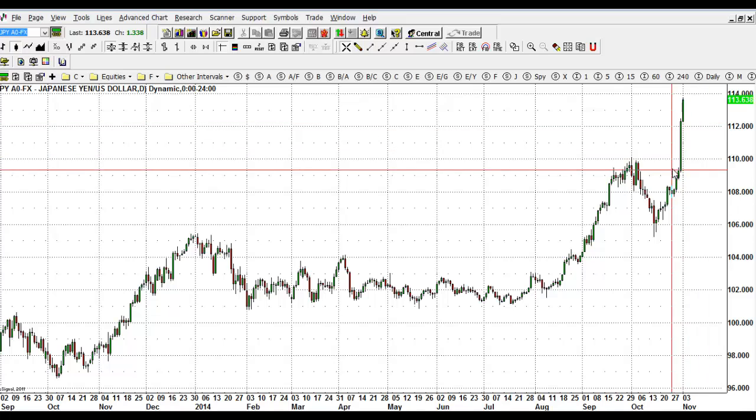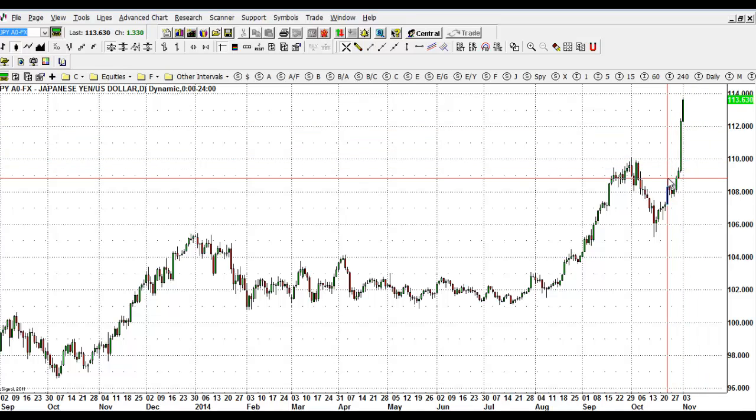And the catalyst for this huge move up, which you don't see in the yen too often, was a move from roughly 109 to above 112. That's almost 300 pips in one day, and that's quite a significant move.